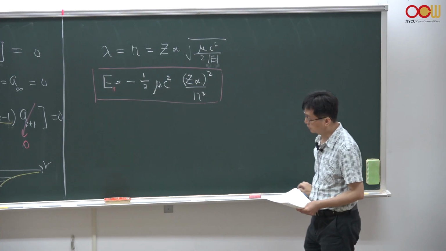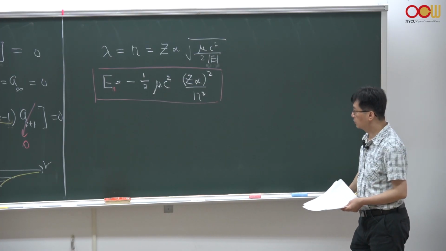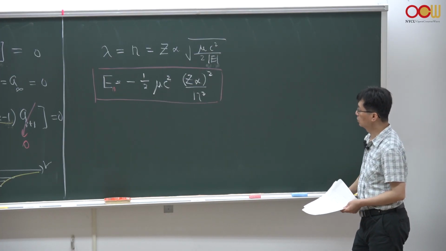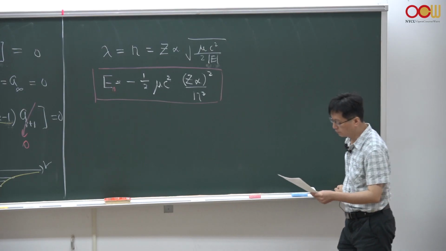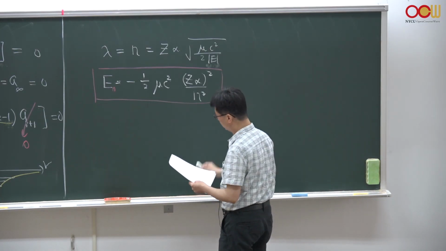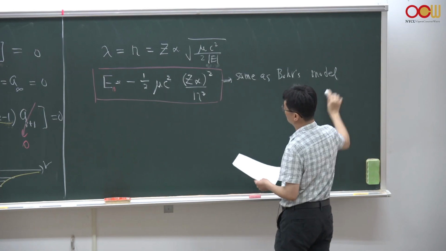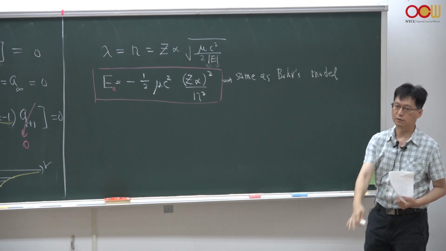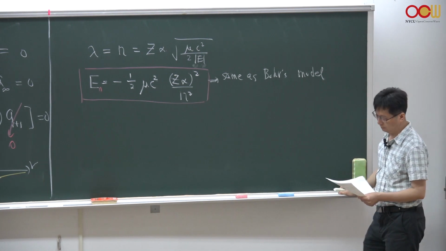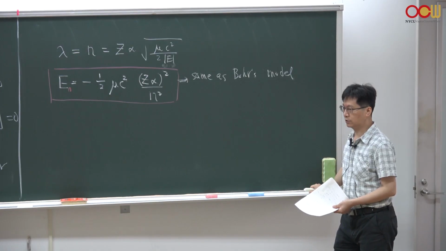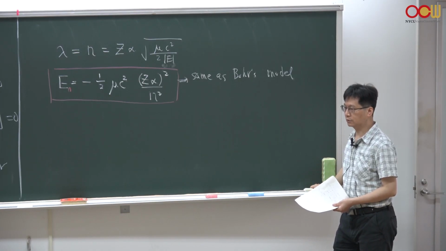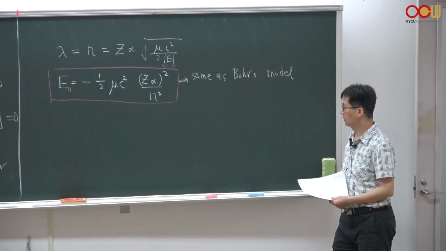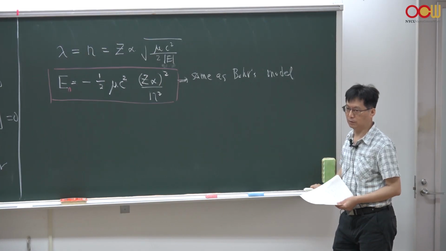This is the quantization for eigenenergies of a hydrogen atom, which is precisely the same form as Bohr's prediction. Remember the Bohr model, he considered a circular orbit of electrons around the nucleus core with a particular angular momentum.